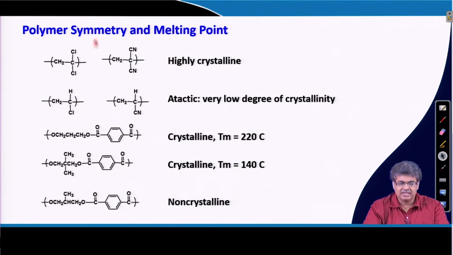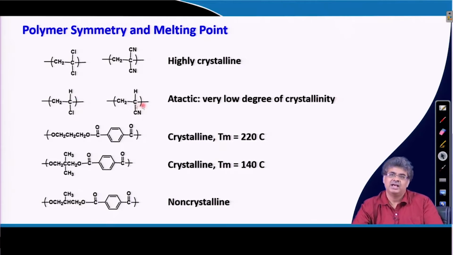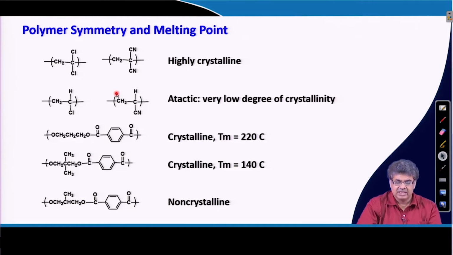Similarly, if we compare symmetry and melting point, we can see that if the molecule has much more molecular symmetry, in this case it is highly crystalline, but in this case the symmetry is lost, one is hydrogen, another is Cl. Similarly, in this case this is CN and H, and if they are atactic, then it has a very low degree of crystallinity. If they are isotactic, there is a possibility that it will have crystallinity.